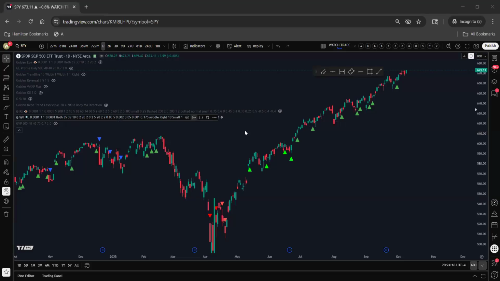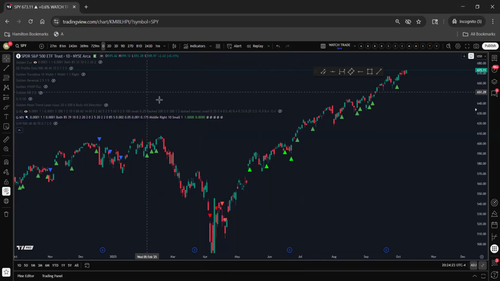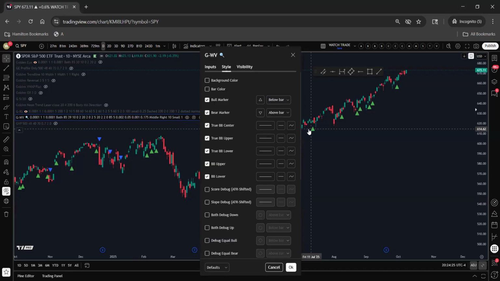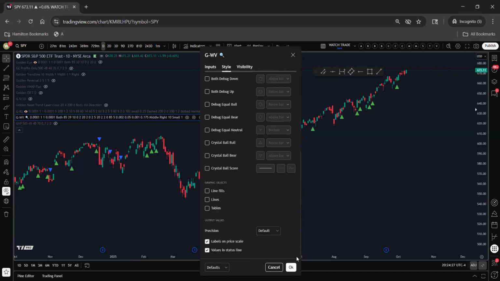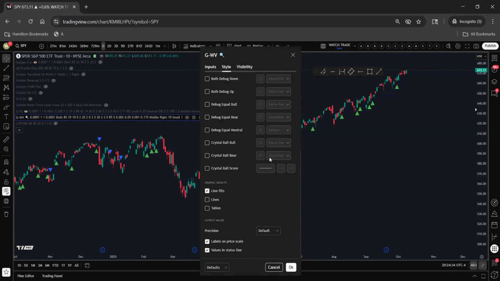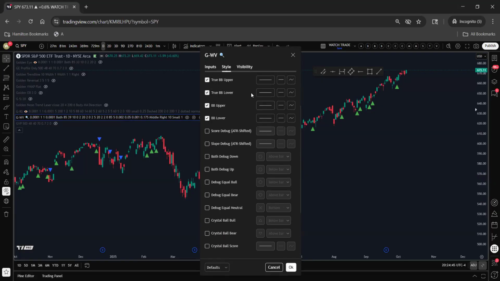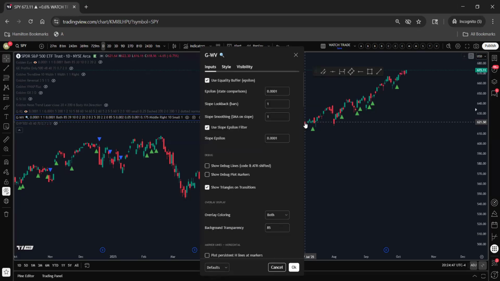So let's turn on the Bollinger Bands. There's multiple sections to the Bollinger Bands that you have to go down. Either start here or in the inputs page. I believe it's in the inputs page.